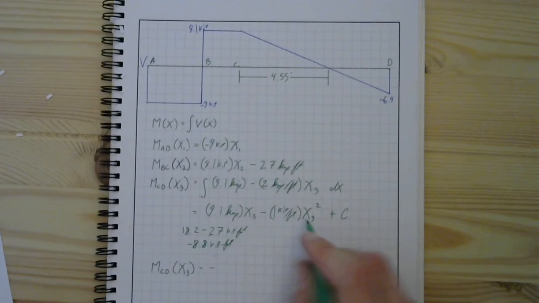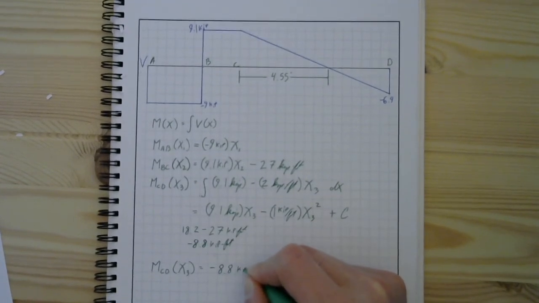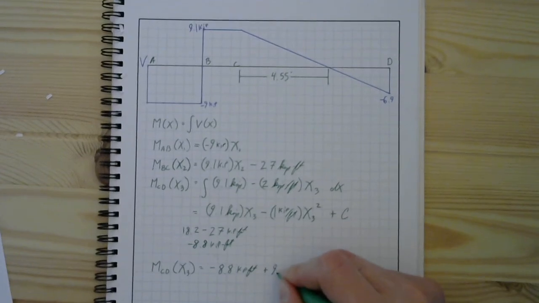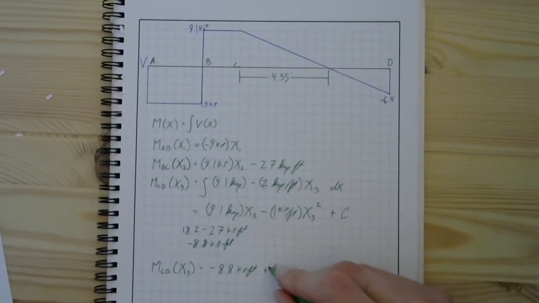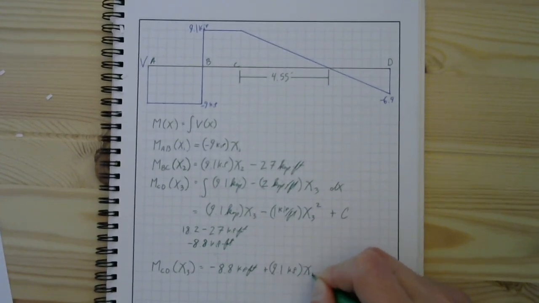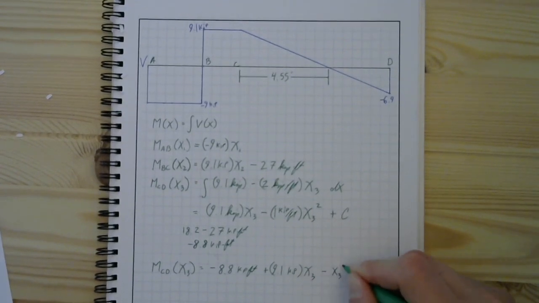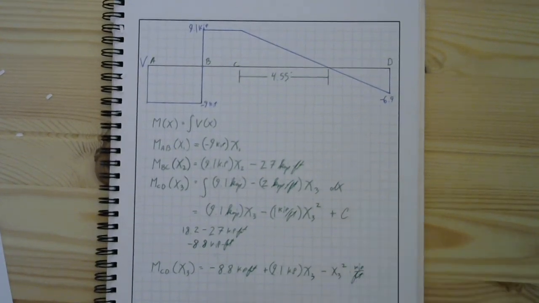And again, I'm going to put the constant of integration first: negative 8.8 kip feet plus 9.1 kips x3 minus x3 squared times kips per foot. So now let's draw this.